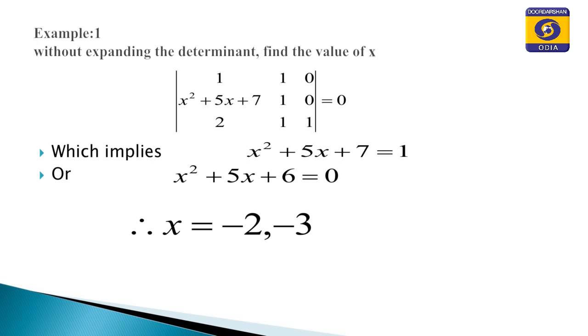From this property, either any two rows are equal or two columns are equal. Since this determinant value is equal to 0, x square plus 5x plus 7 is equal to 1. Solving this equation, we have x equal to minus 2 and x equal to minus 3.